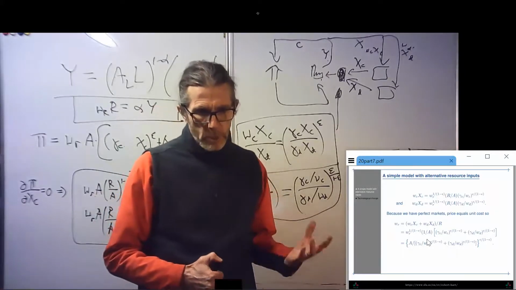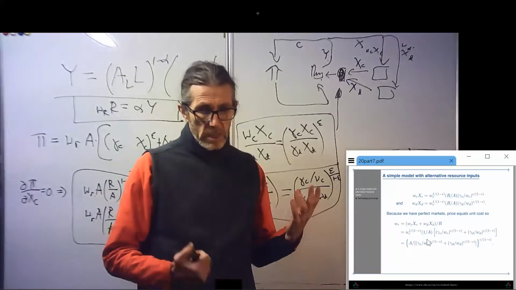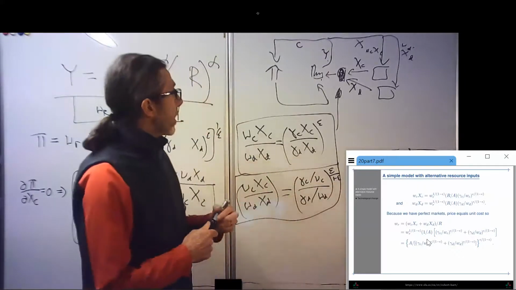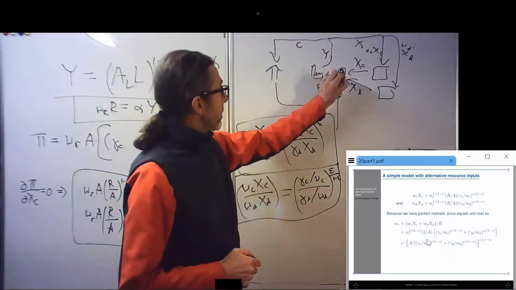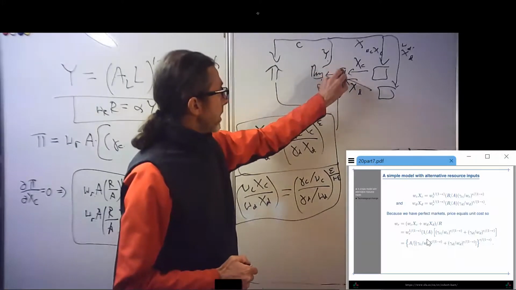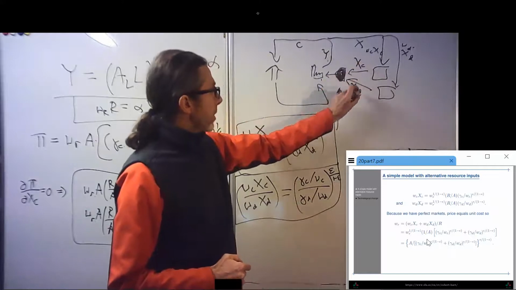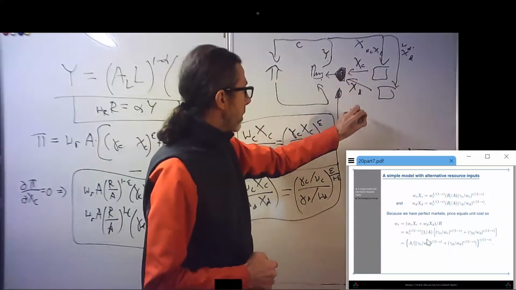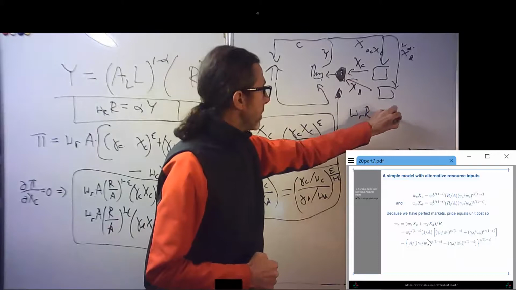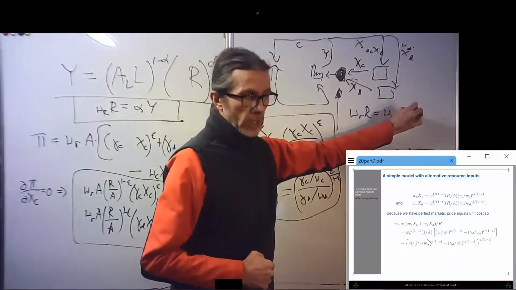So WRR is the revenue of this guy, isn't it? And costs are WCXC and WDXD. So we have WRR equals WCXC plus WDXD.